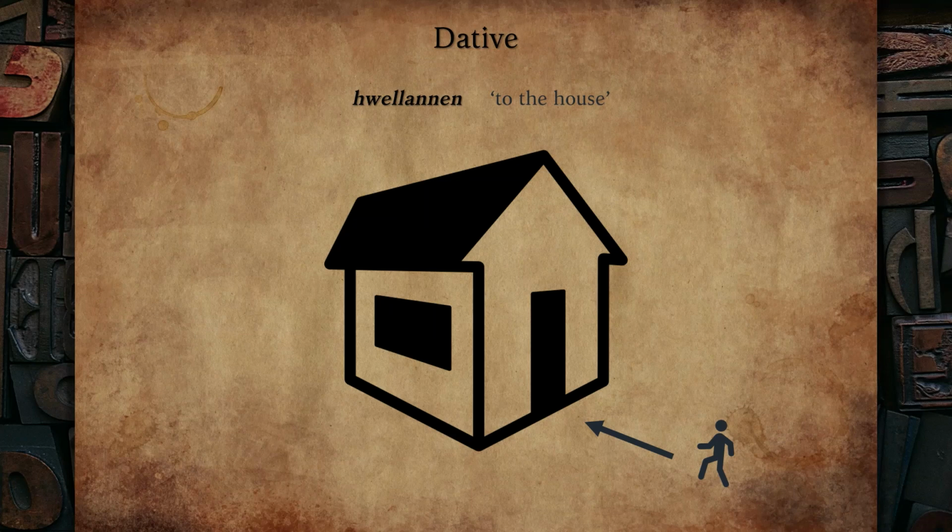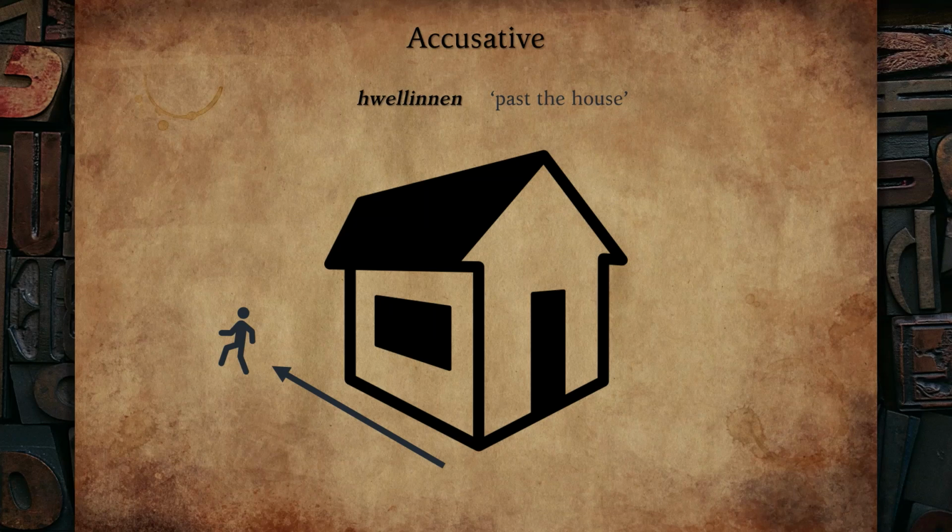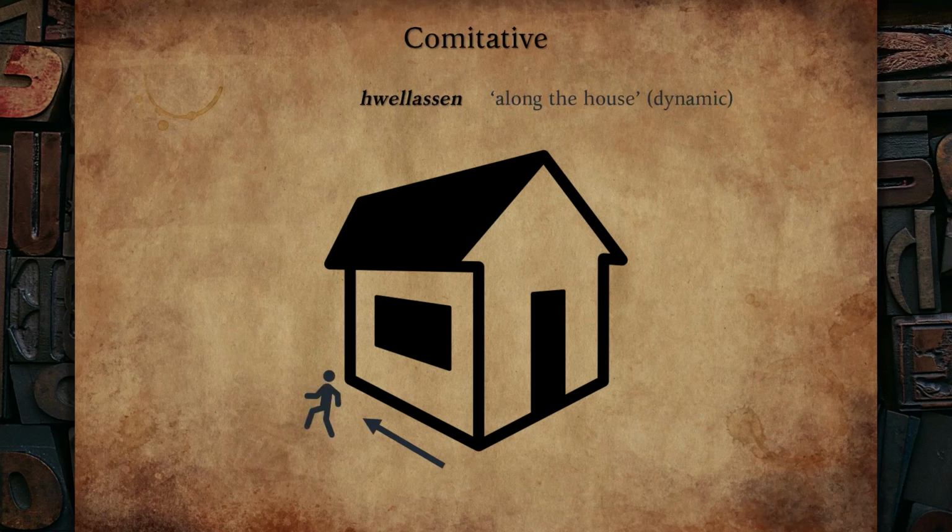And there are 3 more directionalities that I think are important, perhaps less important than those basic 3, but they, of course, can be expressed by the other 3 cases that are left. So we have the accusative, huelinen, past the house, which contrasts with the commentative, huelassen, along the house.